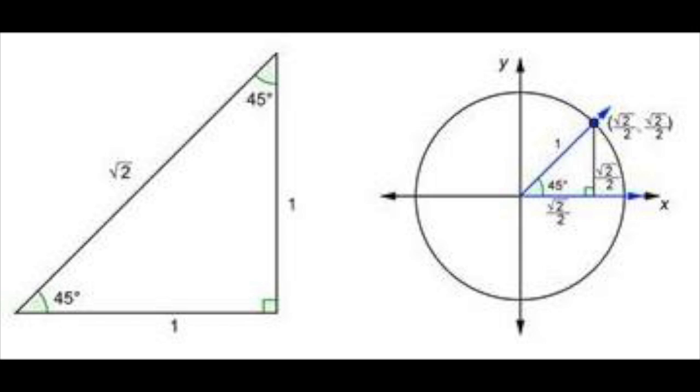So each leg on the unit circle triangle is 1 over the square root of 2, but you have to multiply it by the square root of 2 over the square root of 2, so you don't have a square root in the lower part of your division, and then your answer will be the square root of 2 over 2.